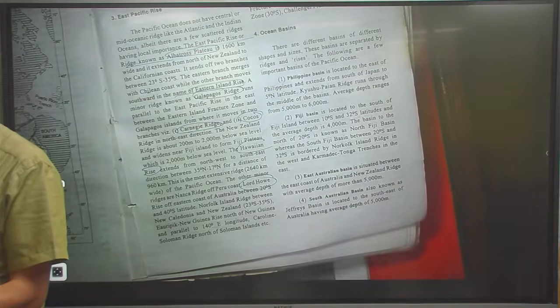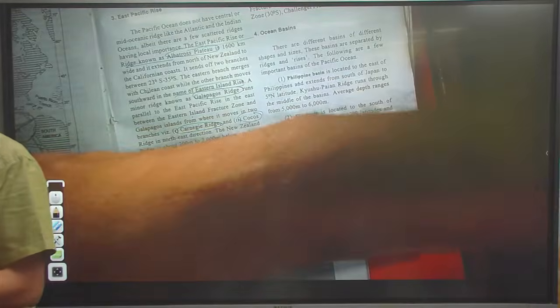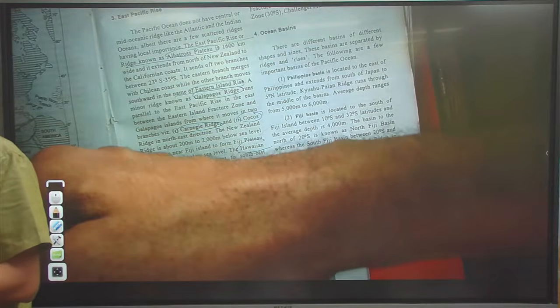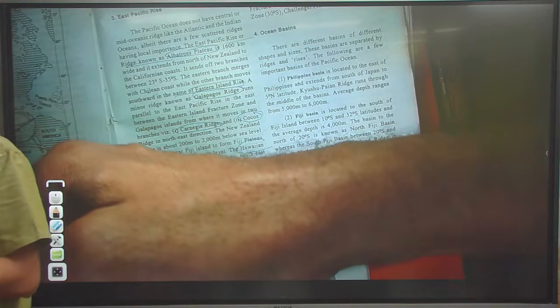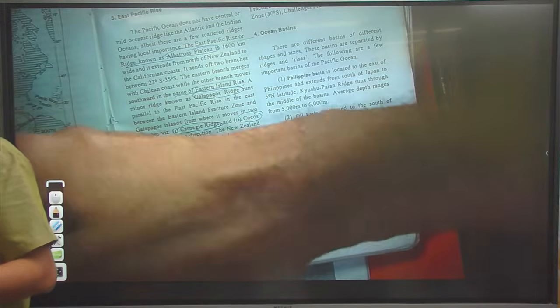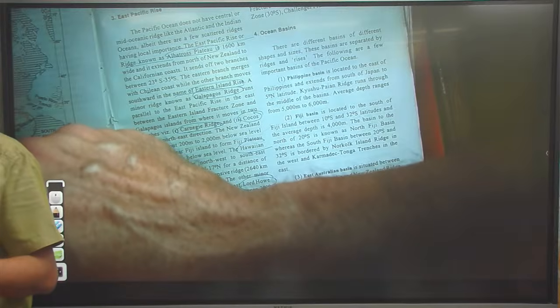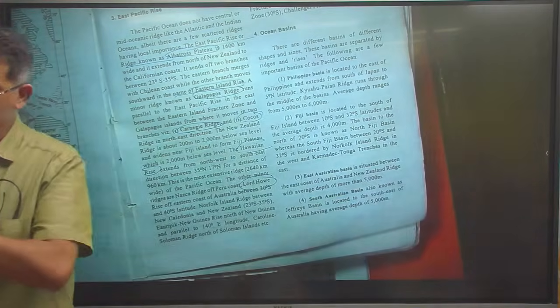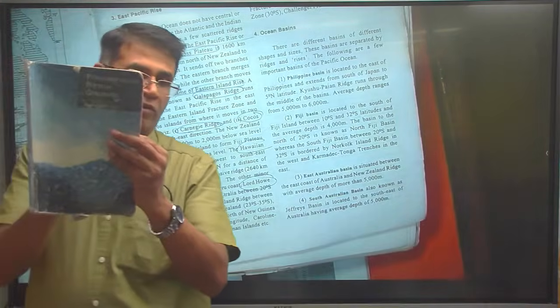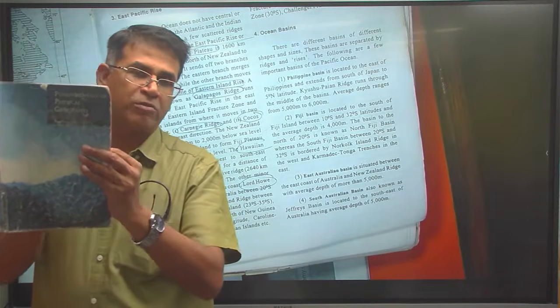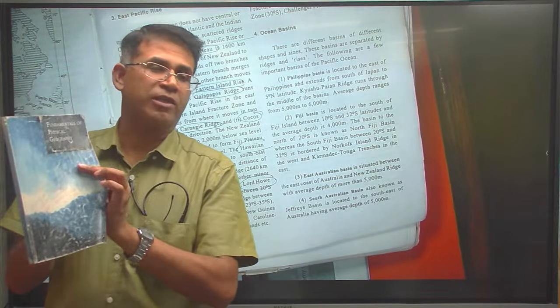In your NCERT, हाँ ये वाला दिखा. तो पेज नंबर, this book, Fundamentals of Physical Geography, and I am following the 2006 का edition.